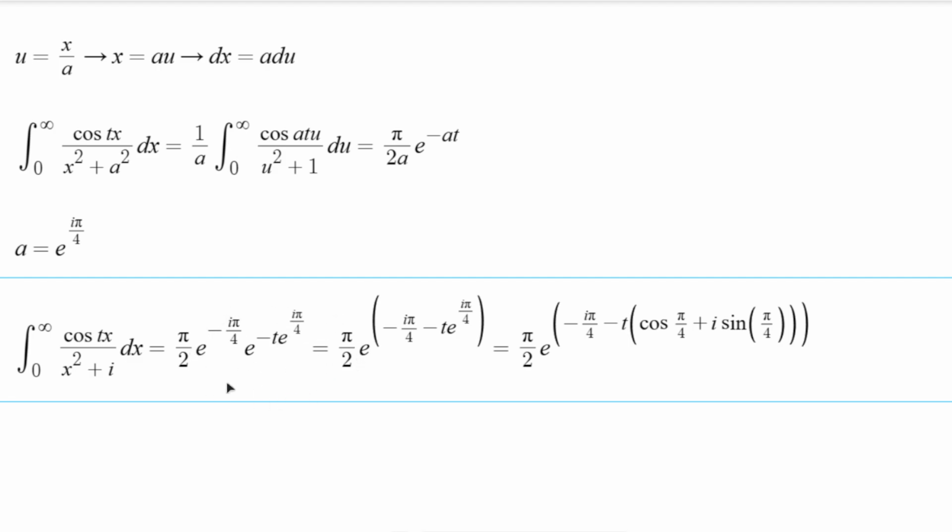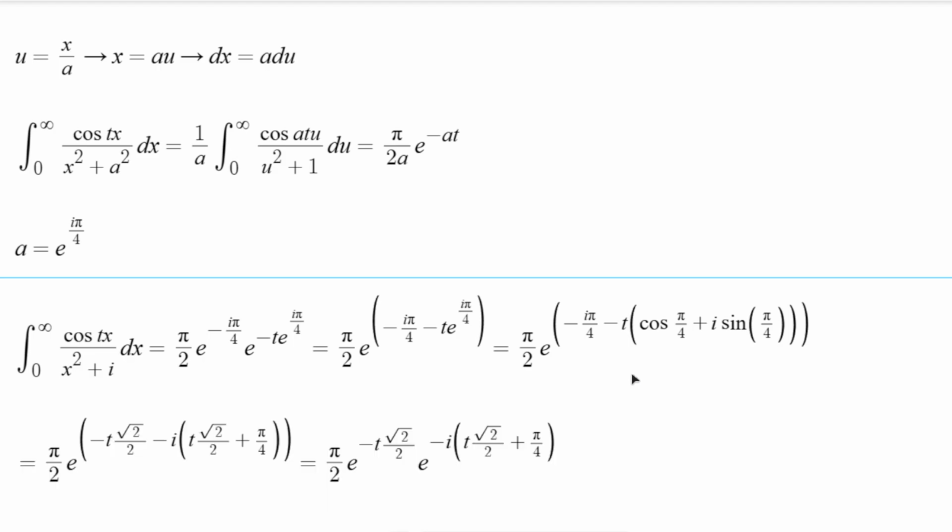This utilizes the property that a to the b times a to the c is equal to a to the b plus c. That's just right here. And then I rewrite this e to the i pi over 4. I break that up into its cosine and sine parts like this.